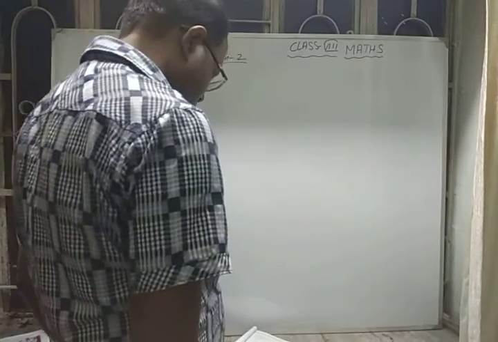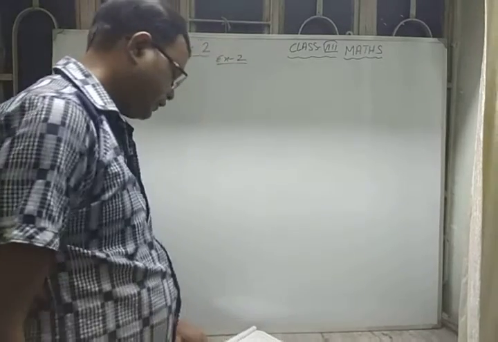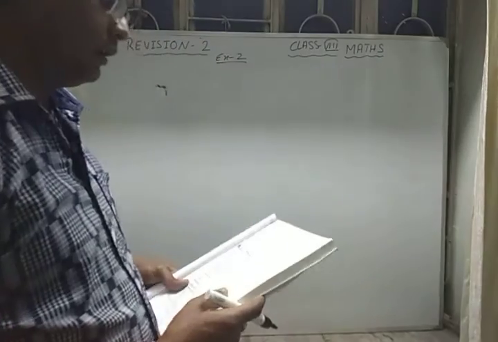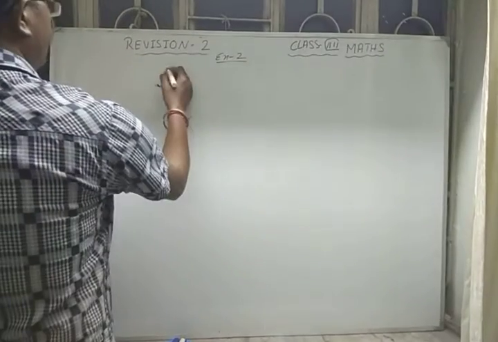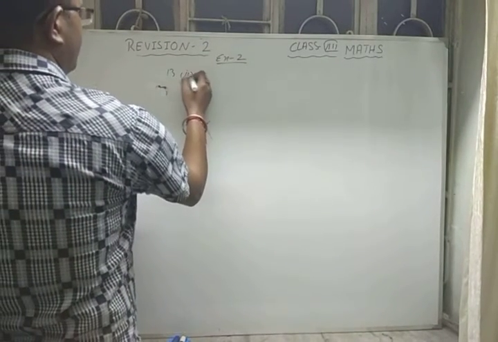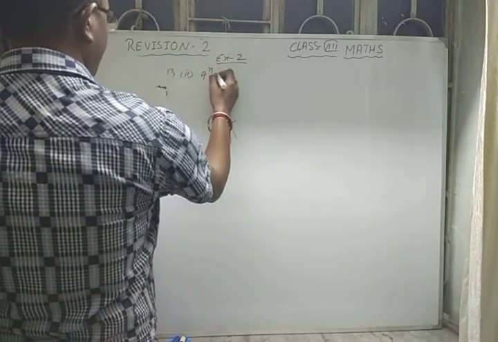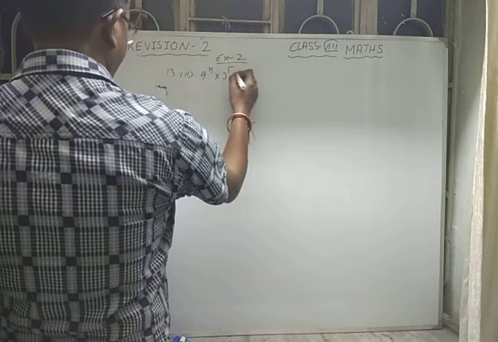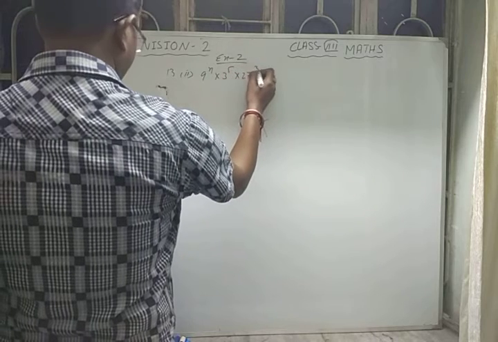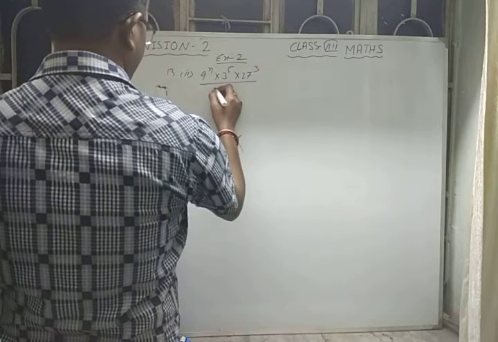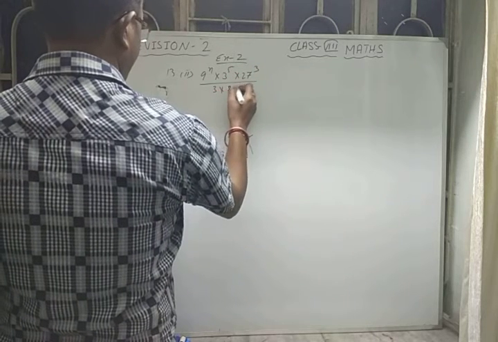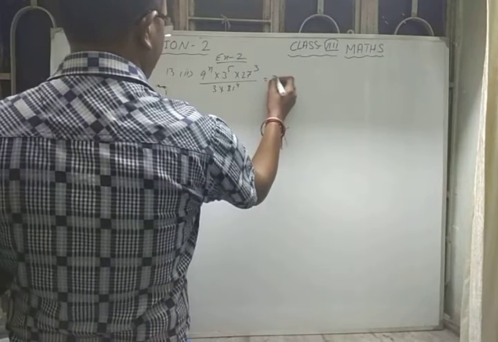Here the last question is given in your book, 13 sub part 2: 9 to the power n into 3 to the power 5 into 27 cube by 3 into 81 to the power 4 is equal to 27.